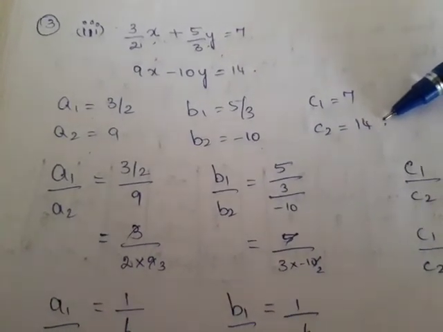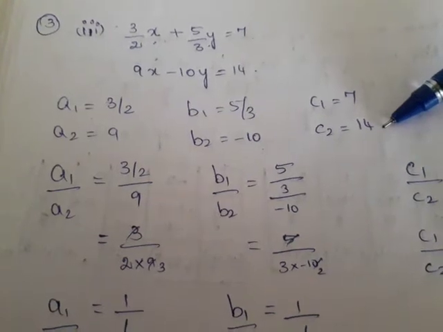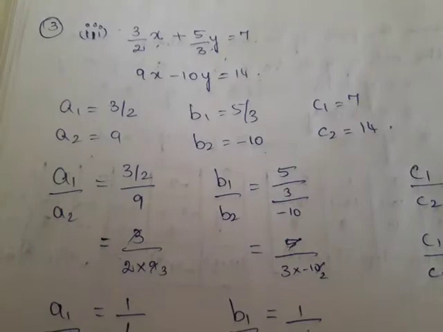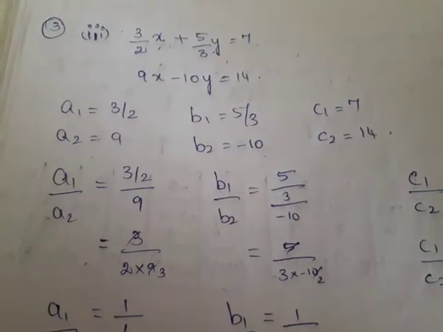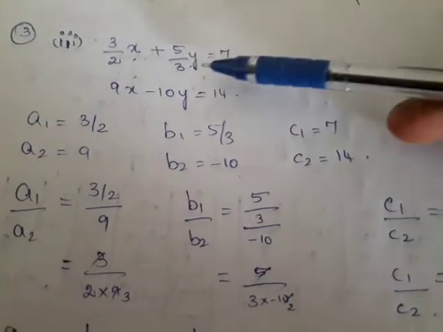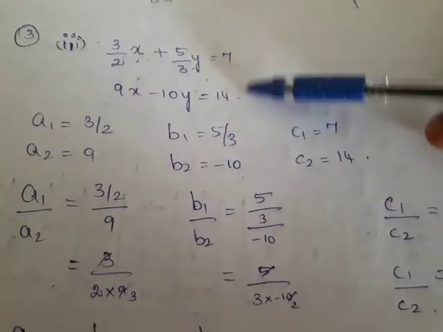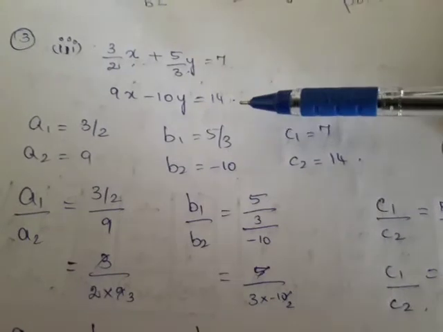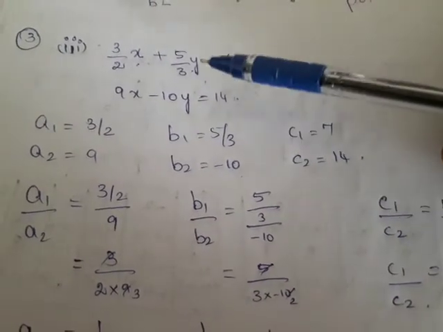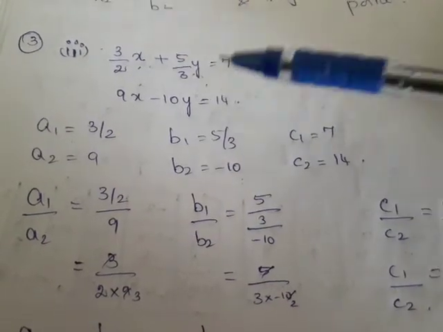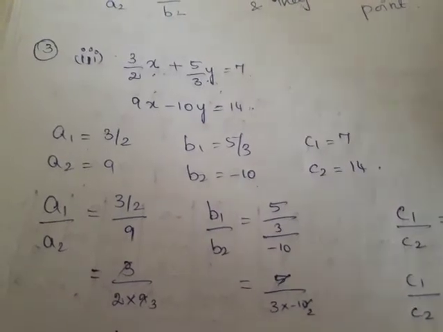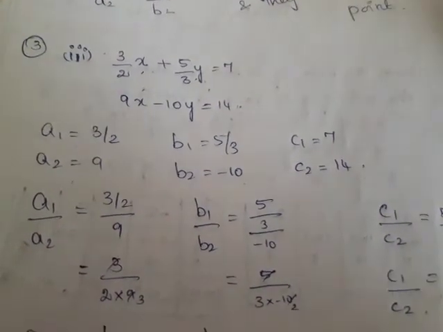Remember, the general form of expressing is A1x plus B1y plus C1 equal to 0. So here in both the equations, the constant term is after the equal to sign. In such a case, it won't create any issues. Suppose in one equation the constant term is on the left side of the equation, and in the other equation the constant term is on the right side, make it the same sort of representation and then take out the values.